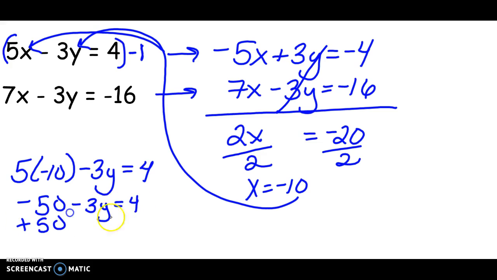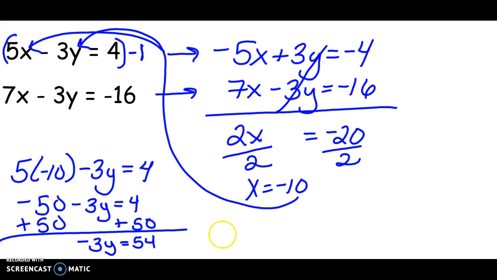Add 50 to both sides. You get negative 3y equals 54. Divide both sides by 3, and you get y equals negative 18. So my final answer is negative 10, negative 18.